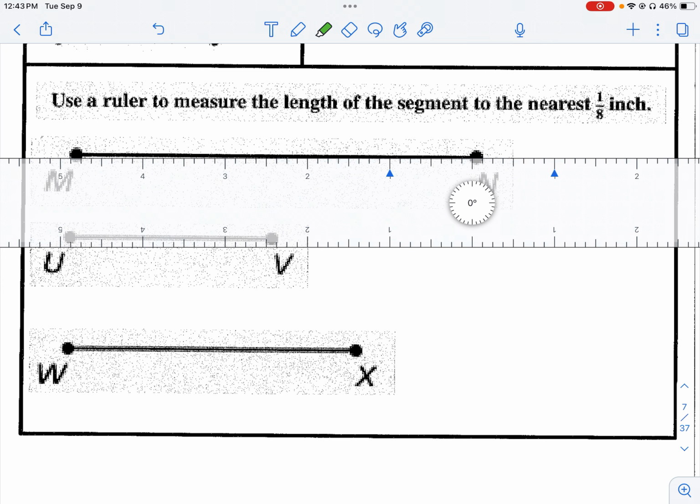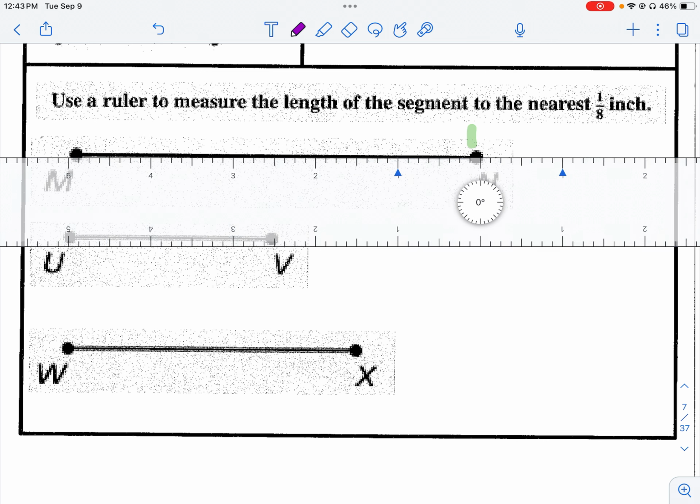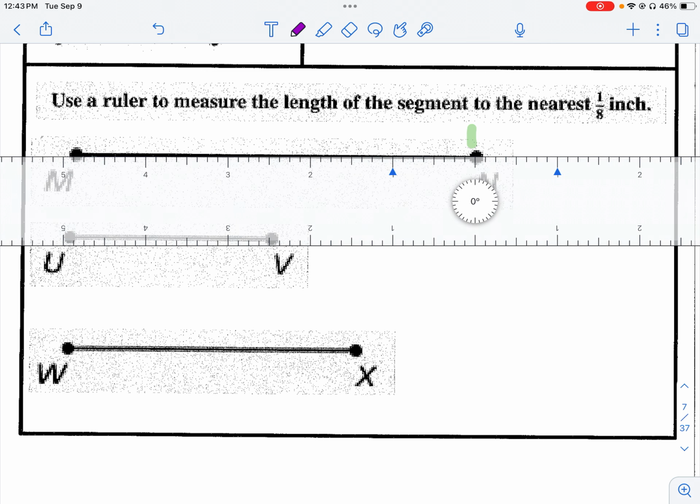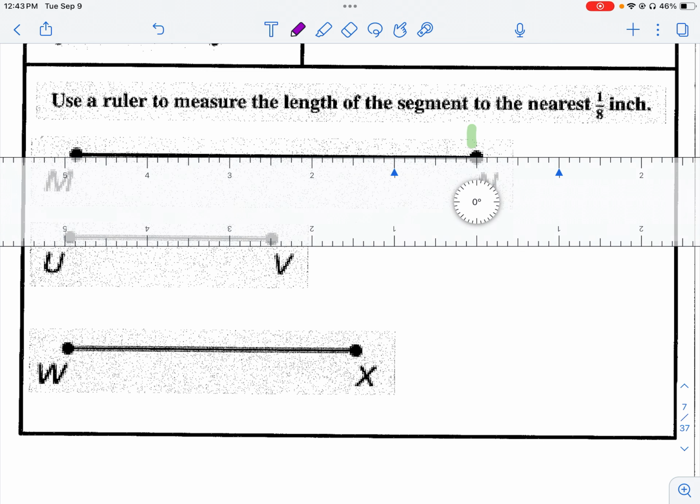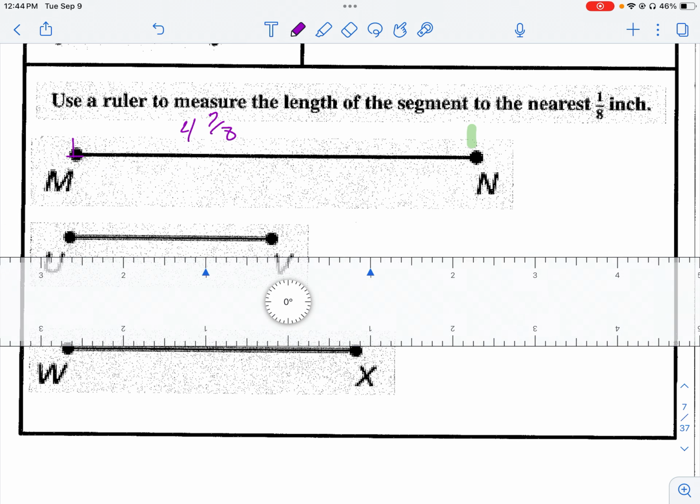So here's 0. We're going to come down to 4. 1, 2, 3, 4, 5, 6. And we're measuring from the middle of the dot to the middle of the dot. And our nearest is going to be here, which is 7/8. So it's 4 and 7/8.